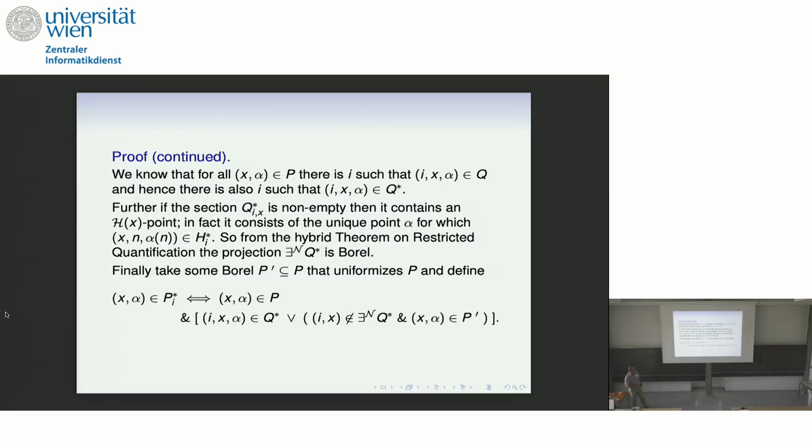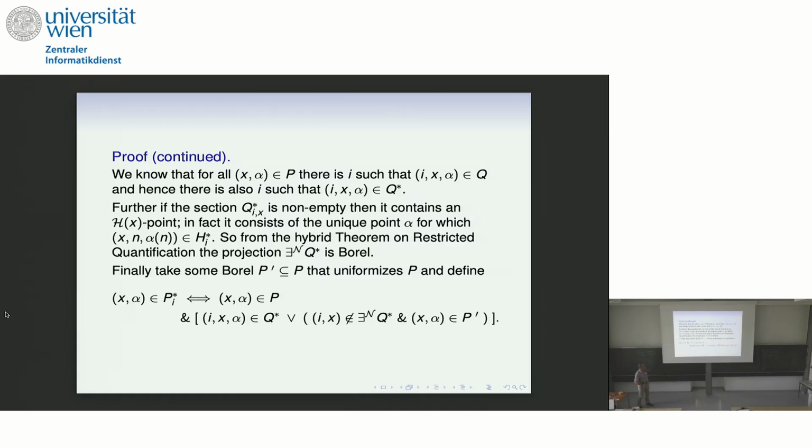Either alpha is the hx point encoded by I, just in case Ix alpha is in Q star, if this I is the one that we have chosen before, or this Q Ix, the projection of this Q star, is empty. Well, Ix is not in the projection, so no alpha can be achieved. And in this case, I just need to plug in something. Well, alpha is the thing that is uniformized. So that's the idea behind this.